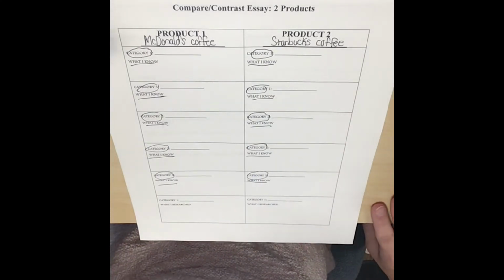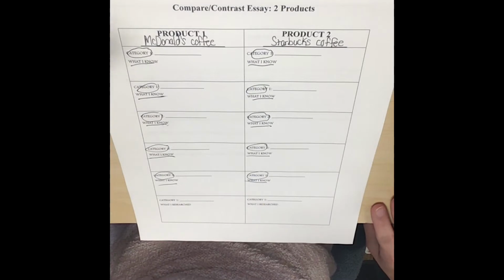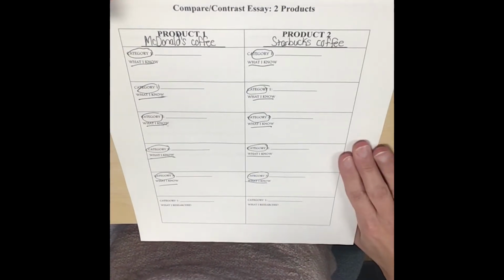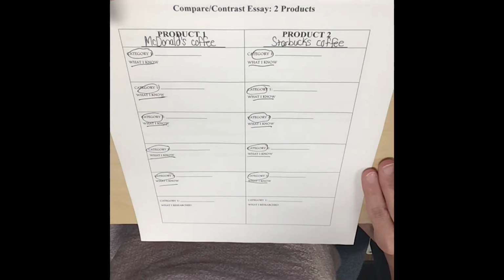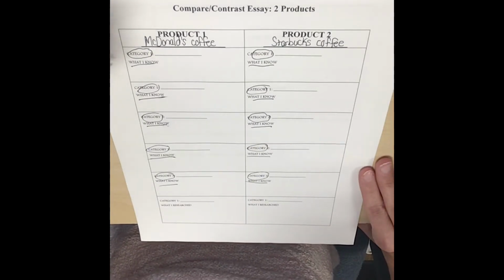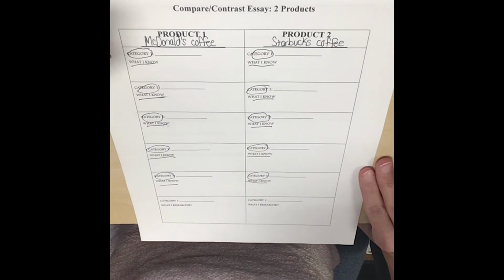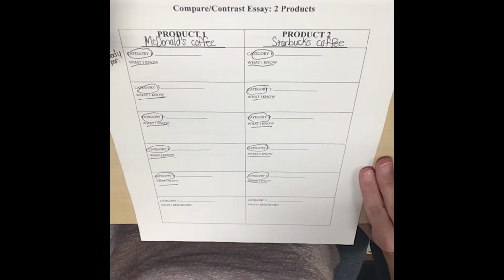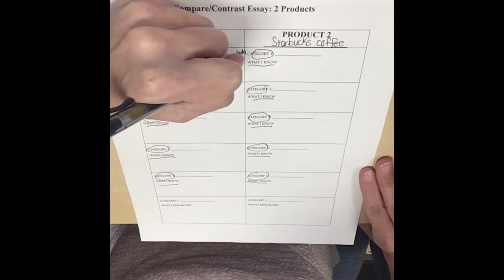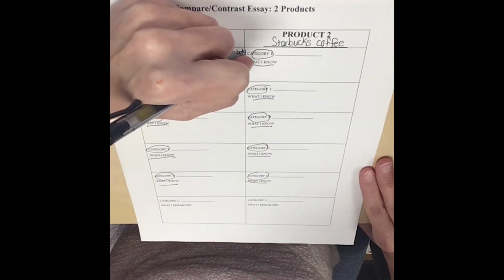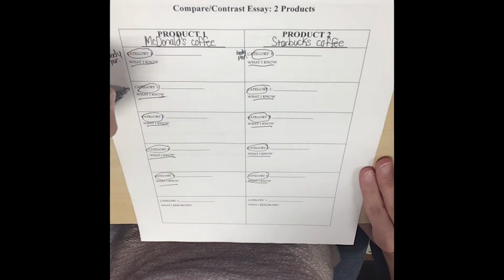And what these categories are going to transform into actually are your body paragraphs eventually. So category 1 is actually going to turn into the information that's going to be in your body paragraph, just as a heads up.